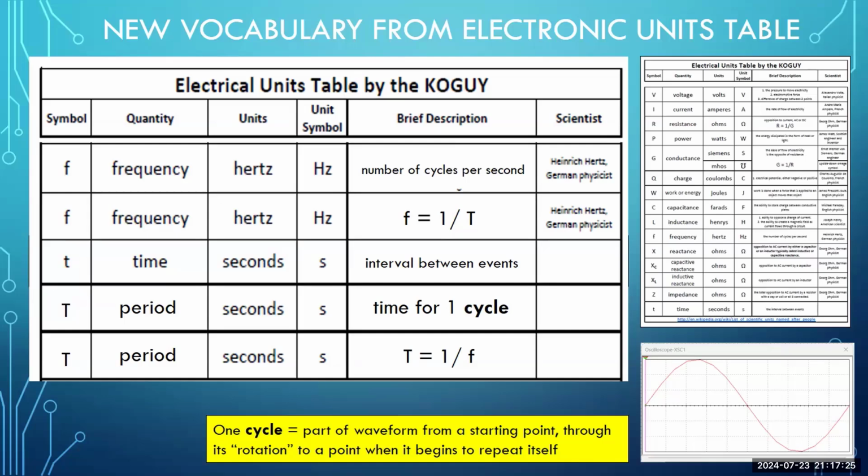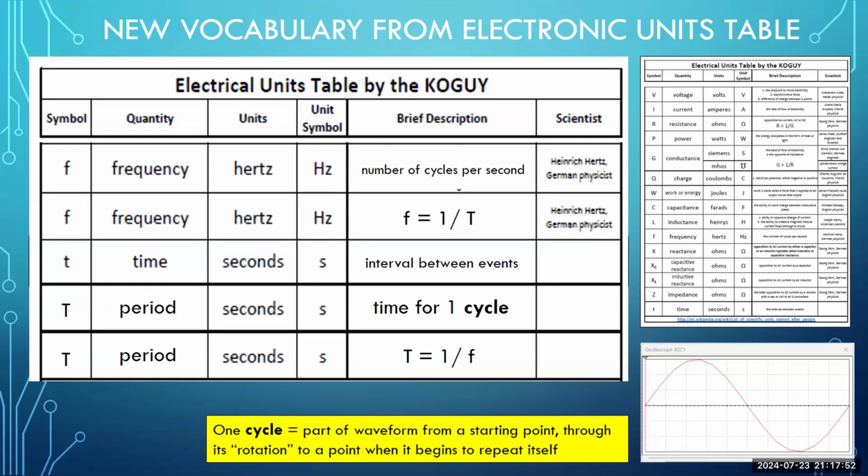Below that is capital T for period, in units of seconds, seconds also lowercase s, defined as the time for one cycle. And then finally, the last row shows period as a formula. T, which is the time for one cycle, that is period, is equal to the reciprocal of frequency. Say that, the reciprocal of frequency.